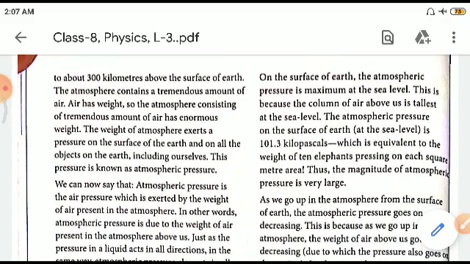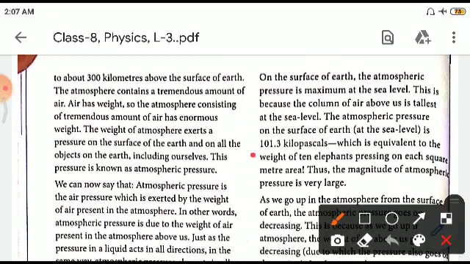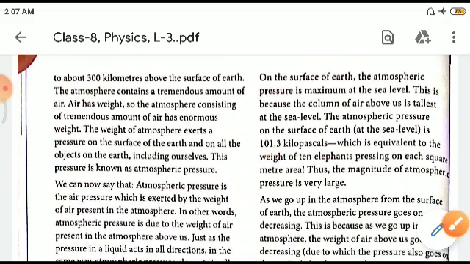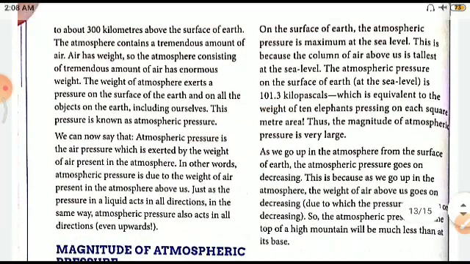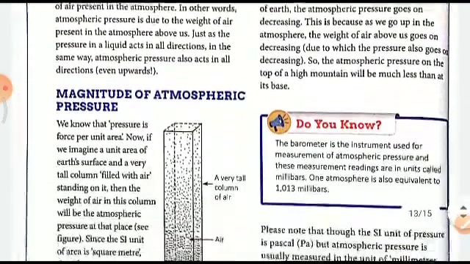The atmospheric pressure on the surface of the earth is 101.3 kilopascal. Please remember this is the normal atmospheric pressure, 101.3 kilopascals, which is equivalent to the weight of elephants pressing on each square meter area, right? Therefore this magnitude of air pressure is very heavy, right?